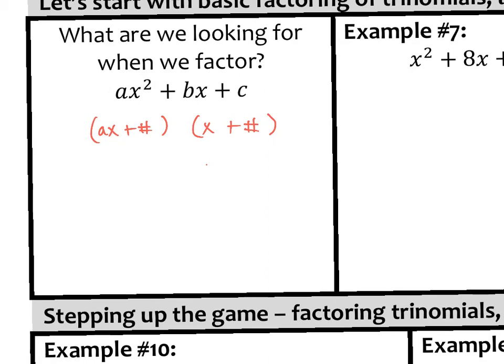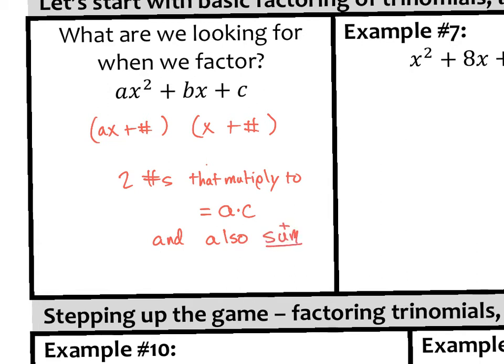And when we're doing this, we're looking for the two numbers initially that multiply to equal A times C, and also sum, so we're talking addition, to equal B. Okay, so we're multiplying, multiply to equal A times C, sum to equal B.